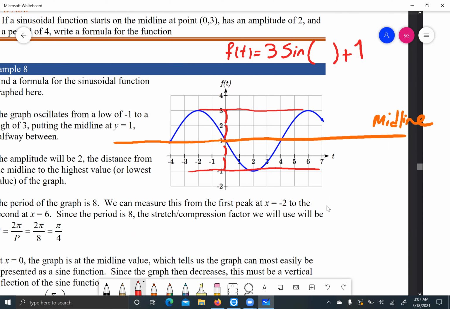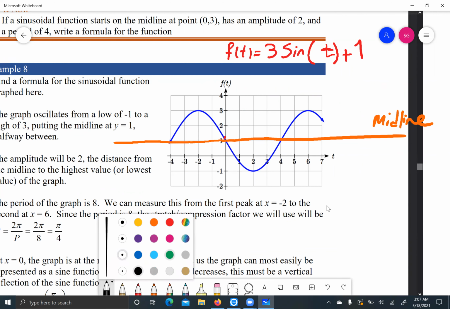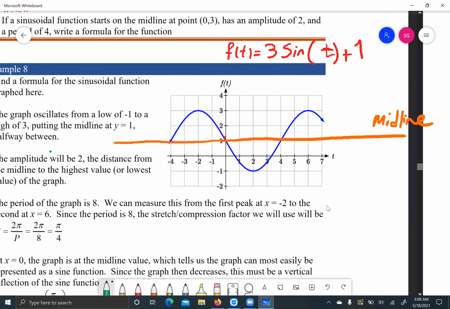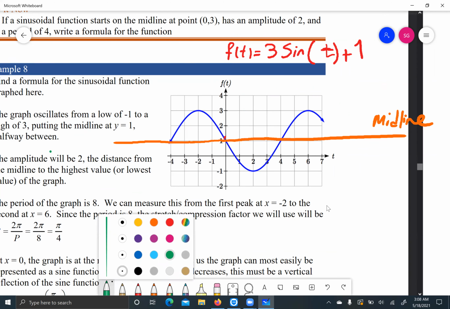Okay, what do we need to find? We need to find the multiplier of t. That depends on the period. So now let's discuss period. I'm going to erase this part because I'm going to explain the period. For period, look, for example, a full rotation. Let's say we want to find a complete rotation.